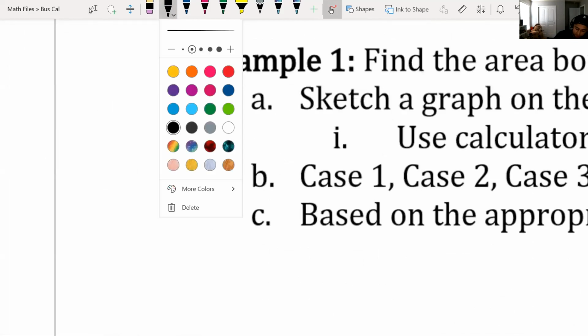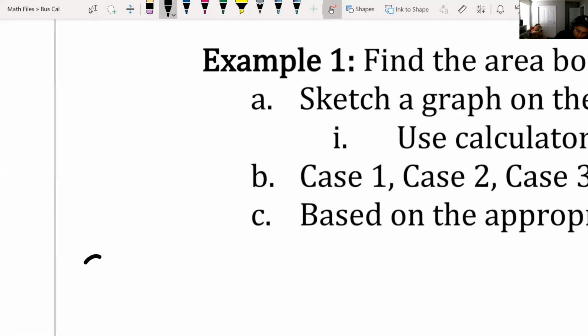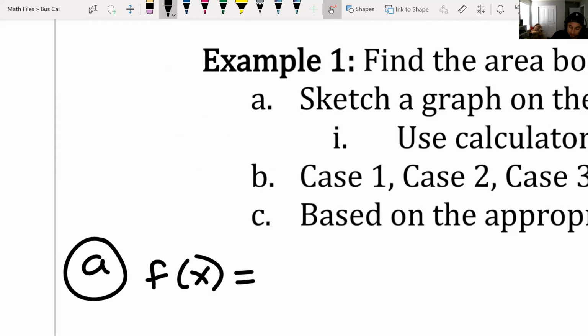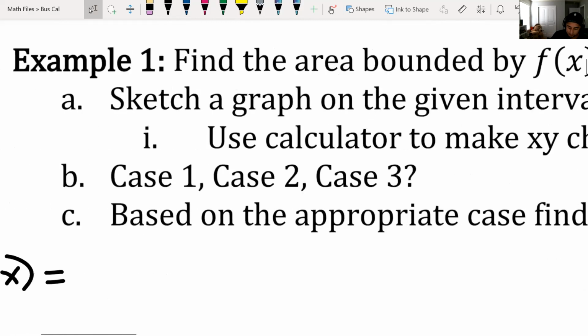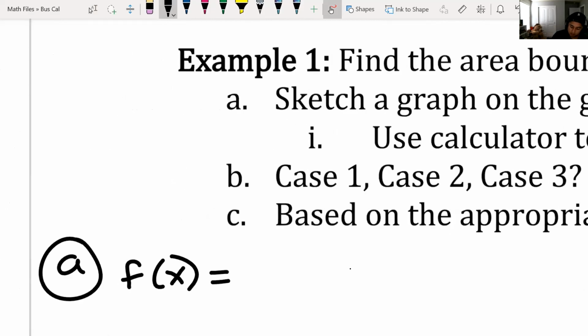Okay, so step A. We're starting with f of x equals, what was it? 6x minus x squared.